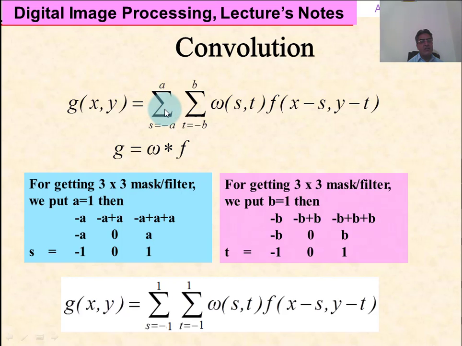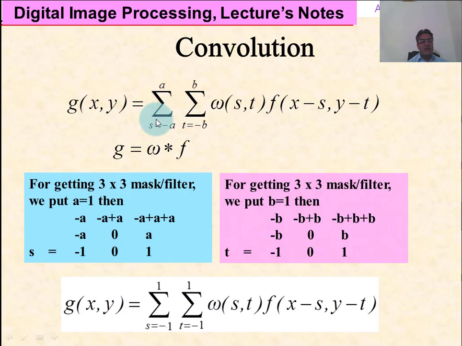How will these 9 values be obtained? This is the external loop and this is the internal loop. For each iteration of the external loop, the internal loop will perform all its operations. The loop controlled by the variable t is the internal loop, and the loop controlled by the variable s is the external loop.